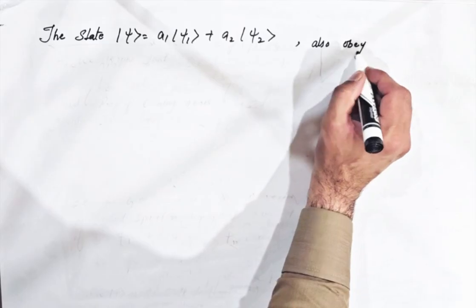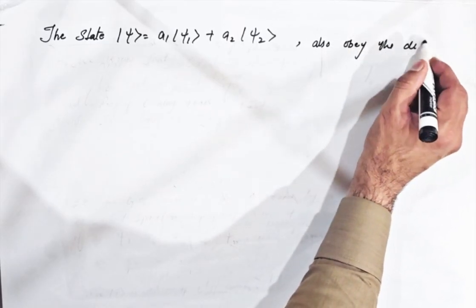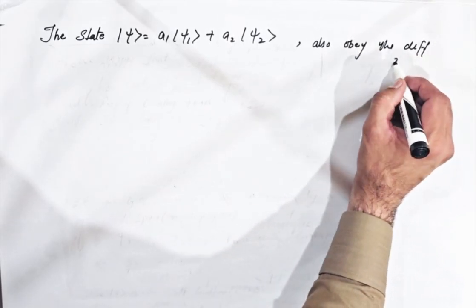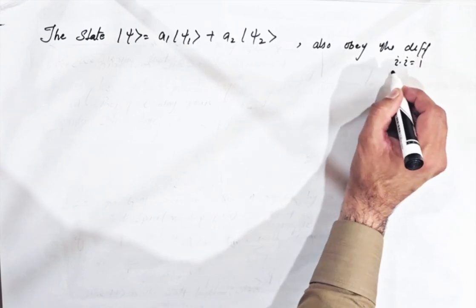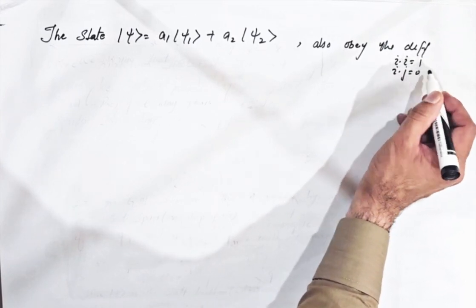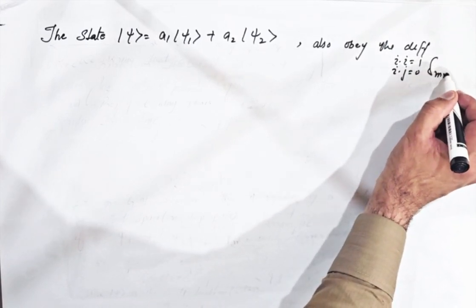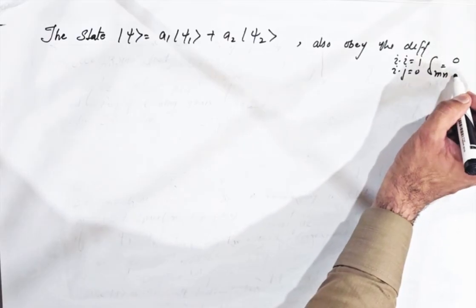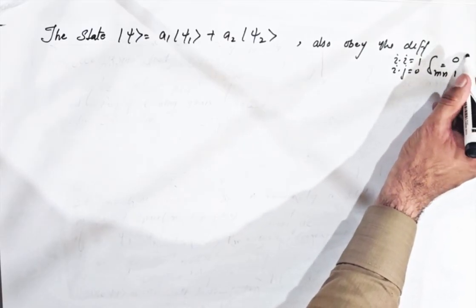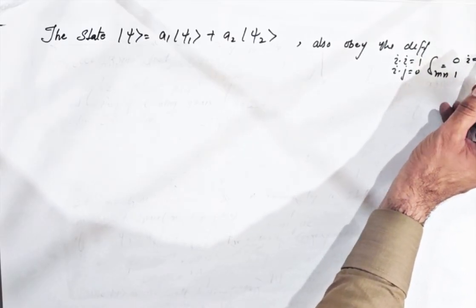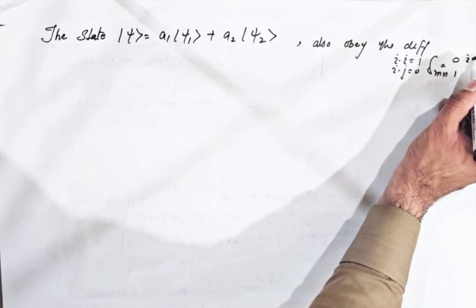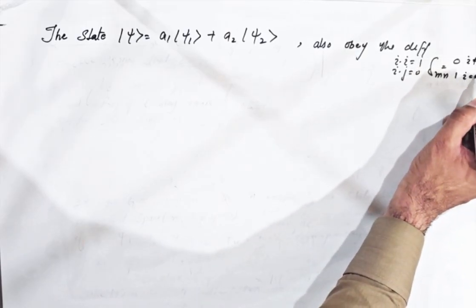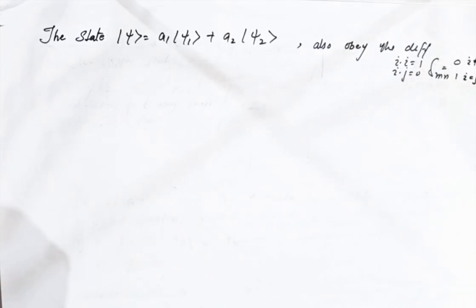Also obey the definition that I dot I equal to 1, I dot j equal to 0, that is, delta ij is 1 when I equal to j and 0 when I is not equal to j.